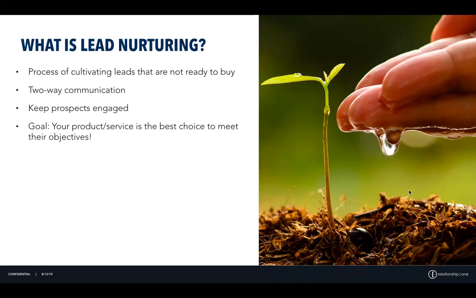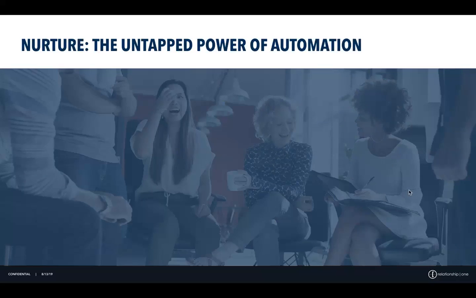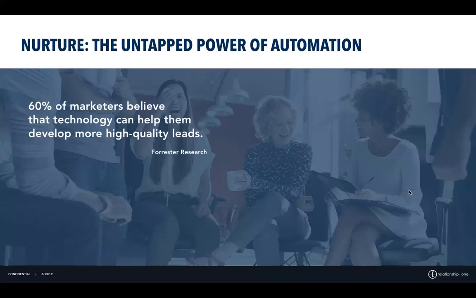As I was doing some research for this presentation today, I ran across a couple of industry metrics that I thought were interesting. One, 60% of marketers believe that technology can help them deliver more high-quality leads. And that sounds kind of, well, yeah, duh, but truly, it is the way that we can get a deeper reach into our audiences and use automation to do that.